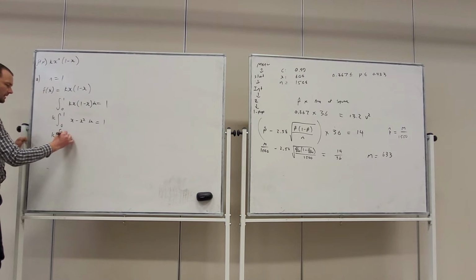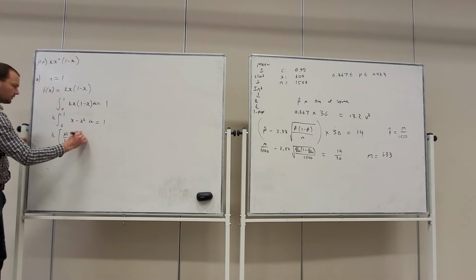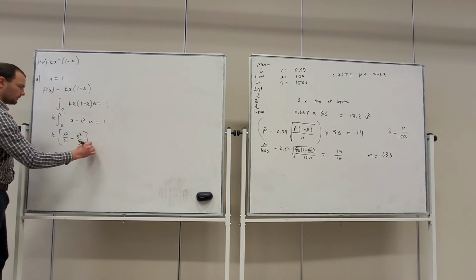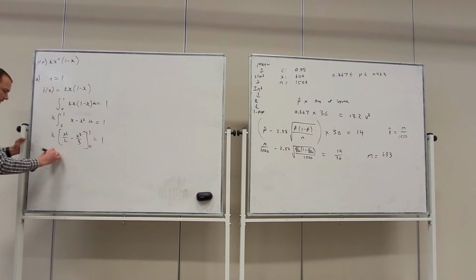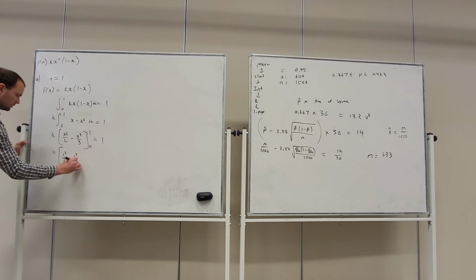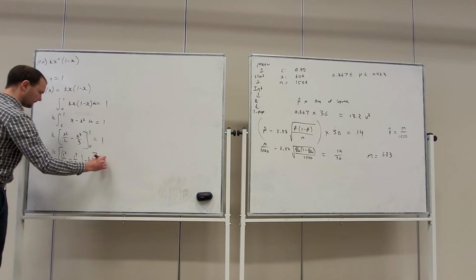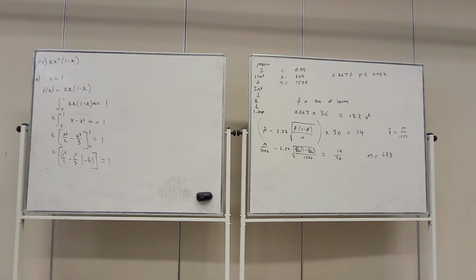We're going to have x squared on 2 take x to the 3 on 3 from 0 to 1. Sub in 1. Alright, we have half take a third, that's going to be 1 on 6.